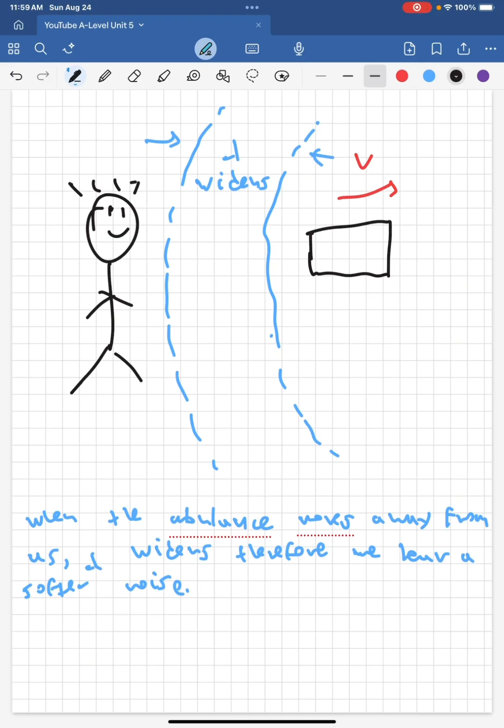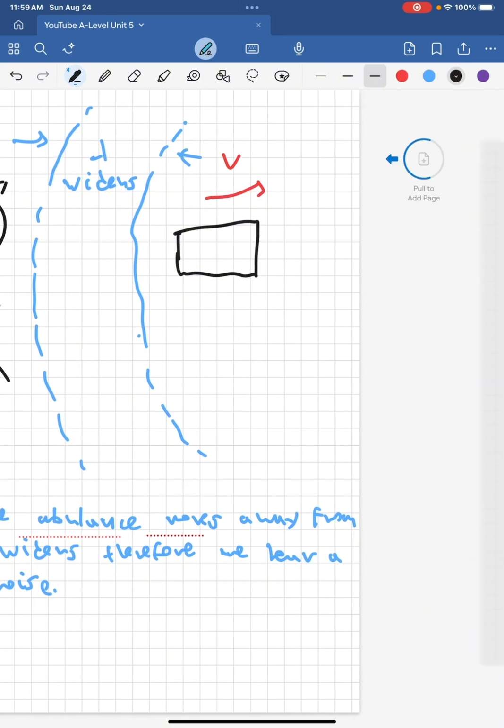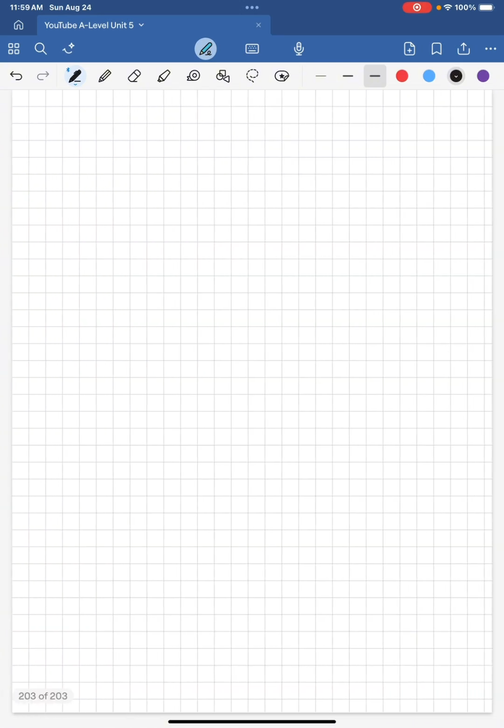Okay, now what does that have to do with us and the discussion about stars and space and so on? It turns out that, as I said in the beginning, this phenomenon applies to any kind of wave. Okay, so the same phenomenon applies to light.